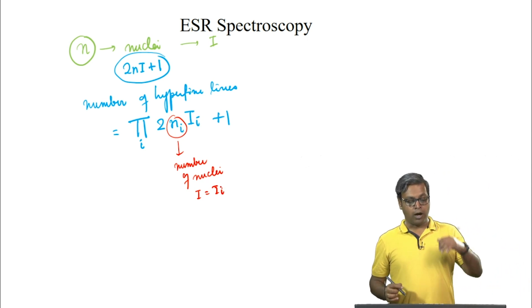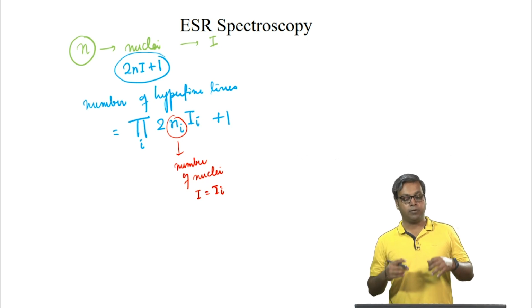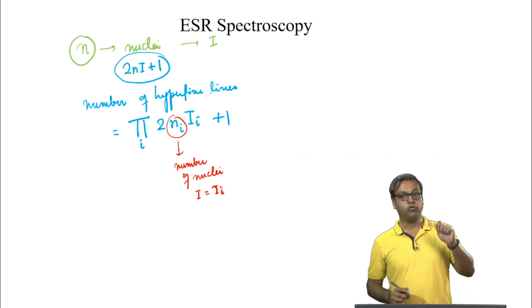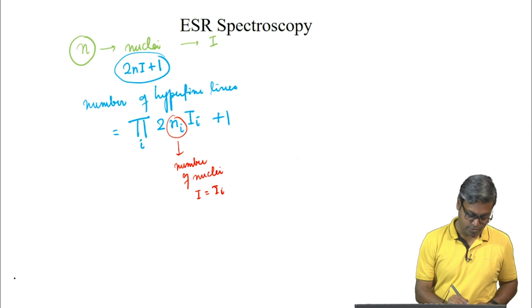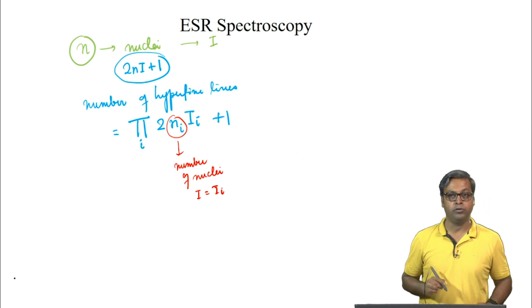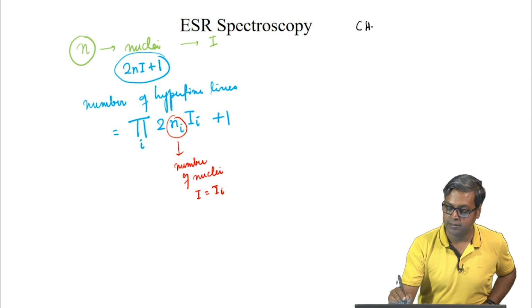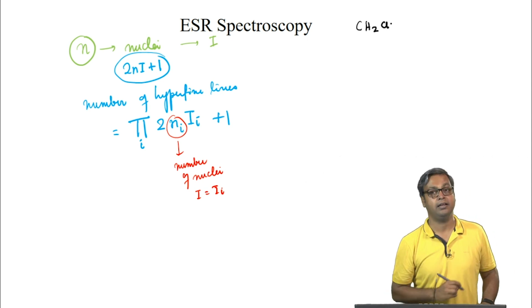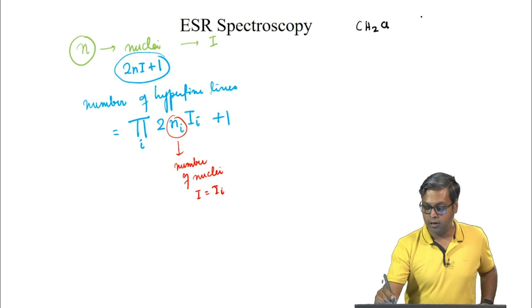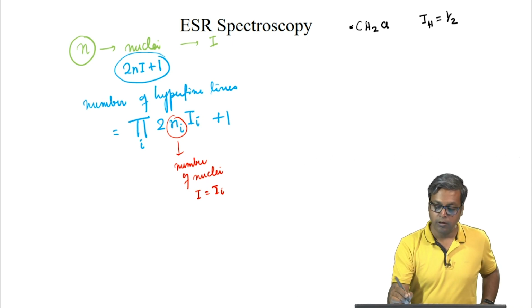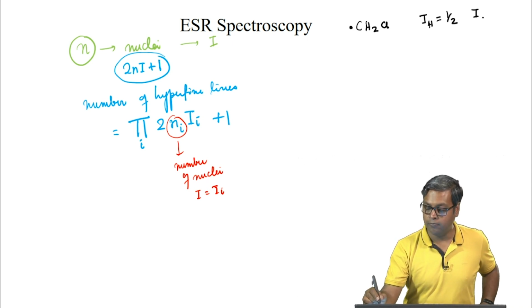To understand this in a better way, let us look into a couple of examples. The first example we take is a radical, CH2Cl. The I of H we know is half, and the I of Cl is 3 by 2.